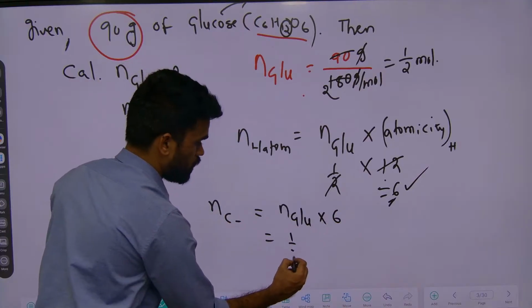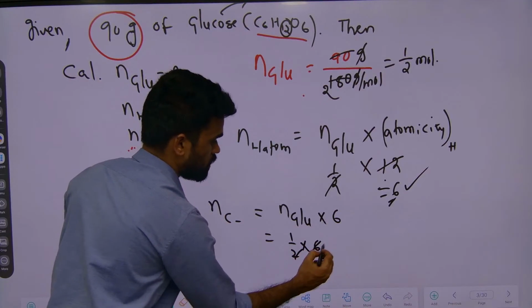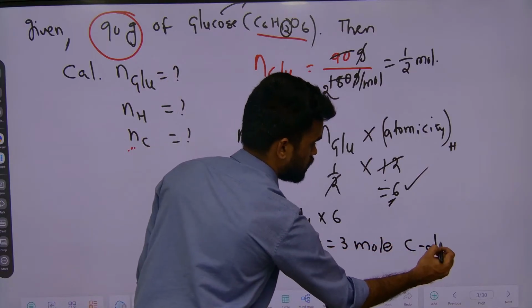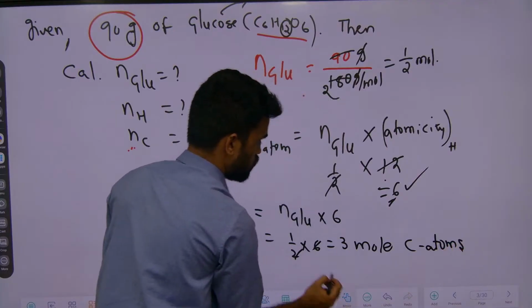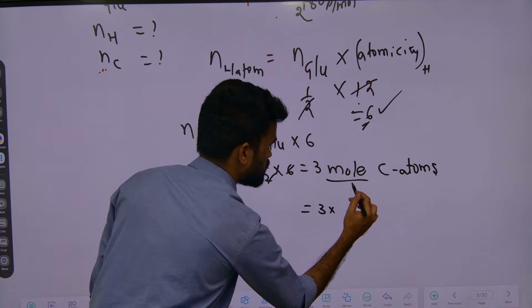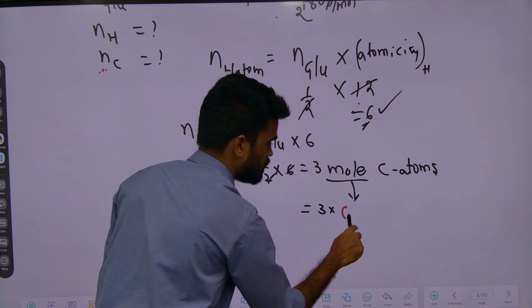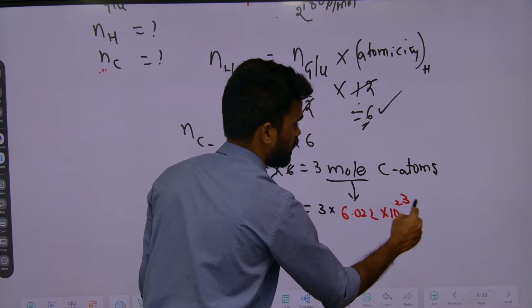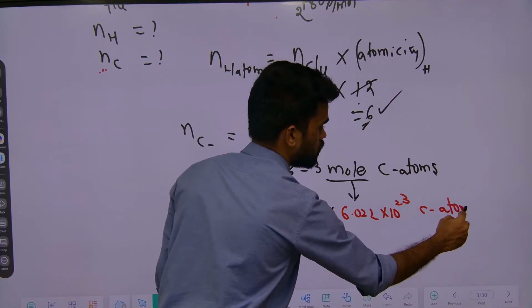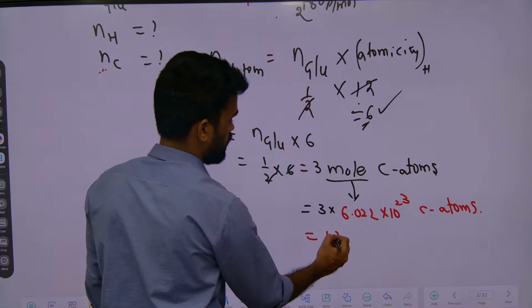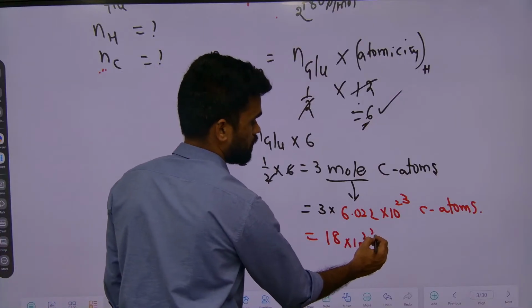So this is 1 by 2 into 6. See, this is 3 moles of carbon atoms. In place of moles I can write Avogadro number, that is 6.022 into 10 power 23 carbon atoms. Okay, simplify it, just 18 into 10 power 23 you can write.